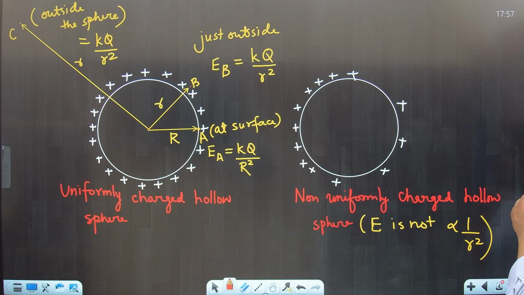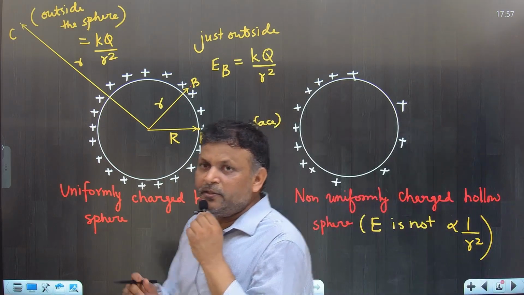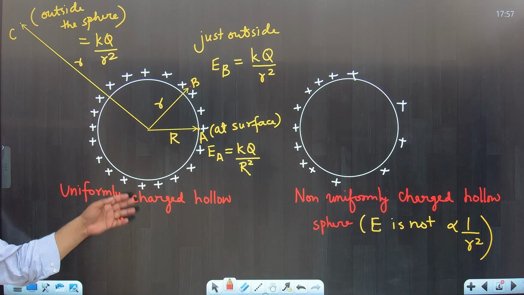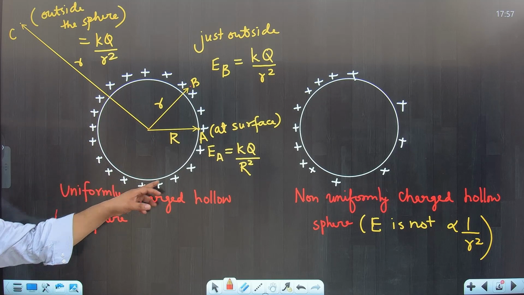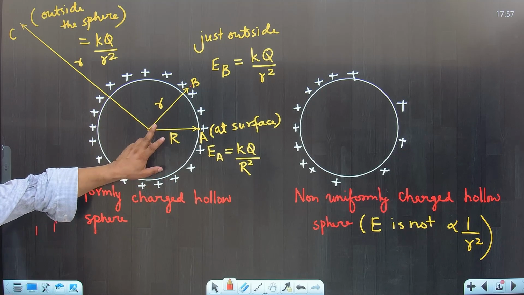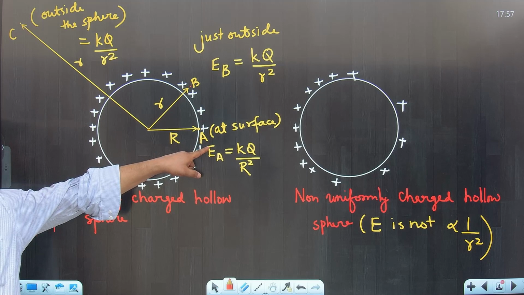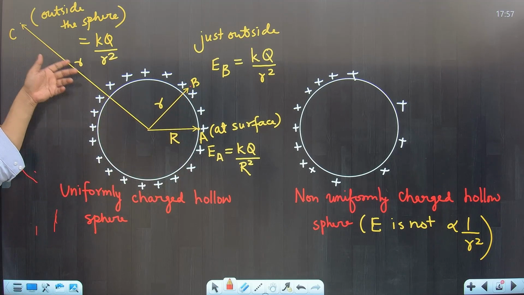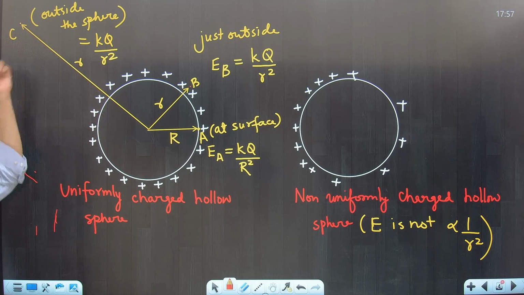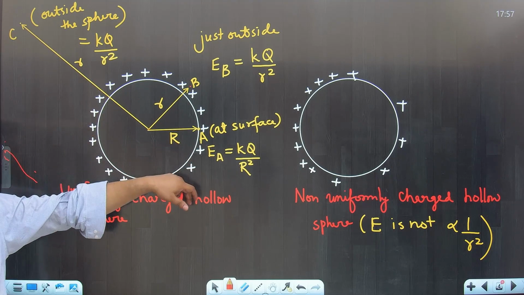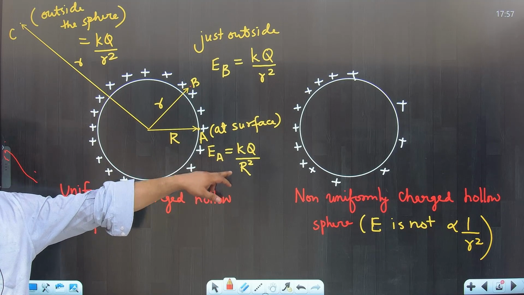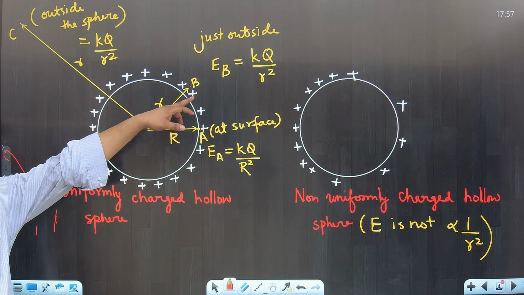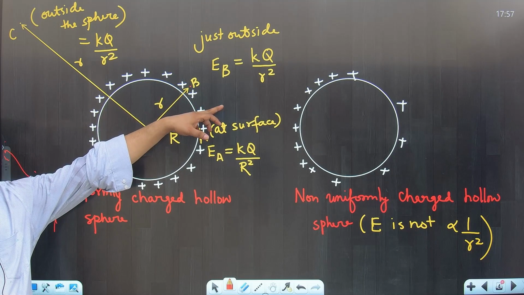So come, let's see. Look at this. There are two spheres. This sphere is a uniformly charged hollow sphere, and the charge is distributed over the surface uniformly. There are 3 points. Point A is at the surface, point B just outside the sphere, and point C is at a sufficient distance from its center. At the surface, the electric field at A is kq by r square. And at point B, just outside the sphere, EB is equal to kq by r square.